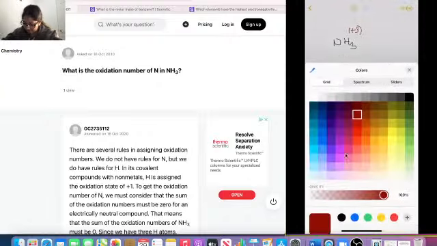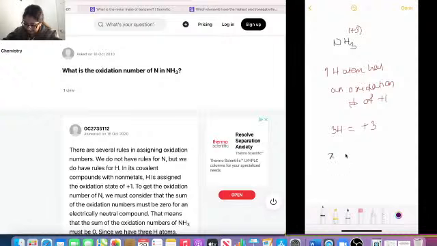So you can have a standard equation here. Let's say N is the oxidation number for nitrogen, and you have N plus 3, where 3 is your hydrogen, is equal to 0. We need to get 0. So N is equal to -3.